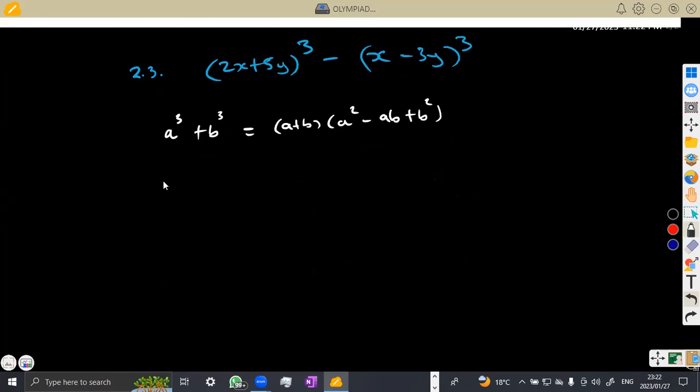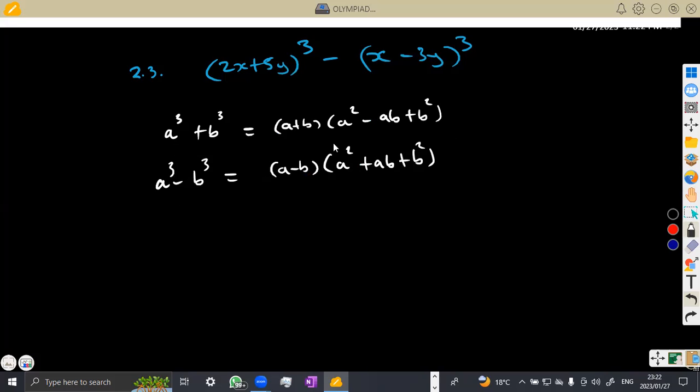If it is a cubed minus b cubed, it is going to give you (a minus b) into (a squared plus ab plus b squared). So as you can see, they are just the same. If it is a plus b, then a plus b. If it is a minus b, then here it interchanges the signs that we had.